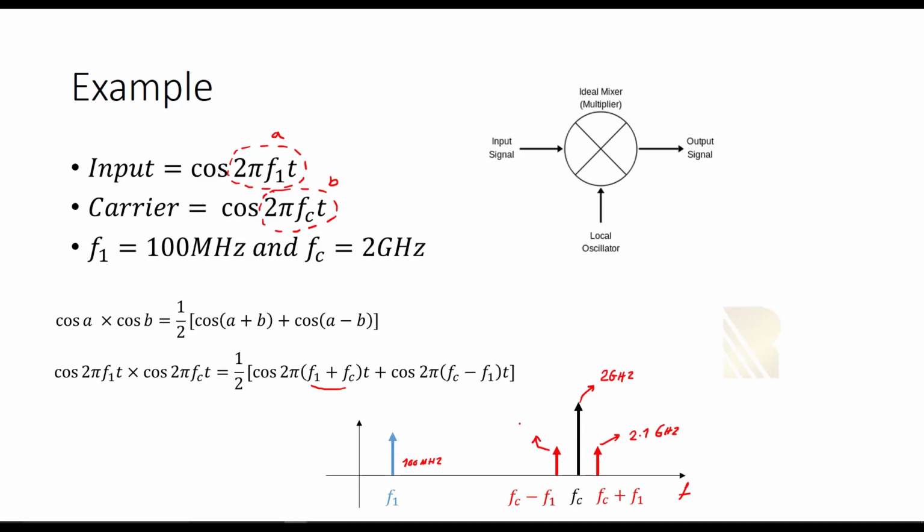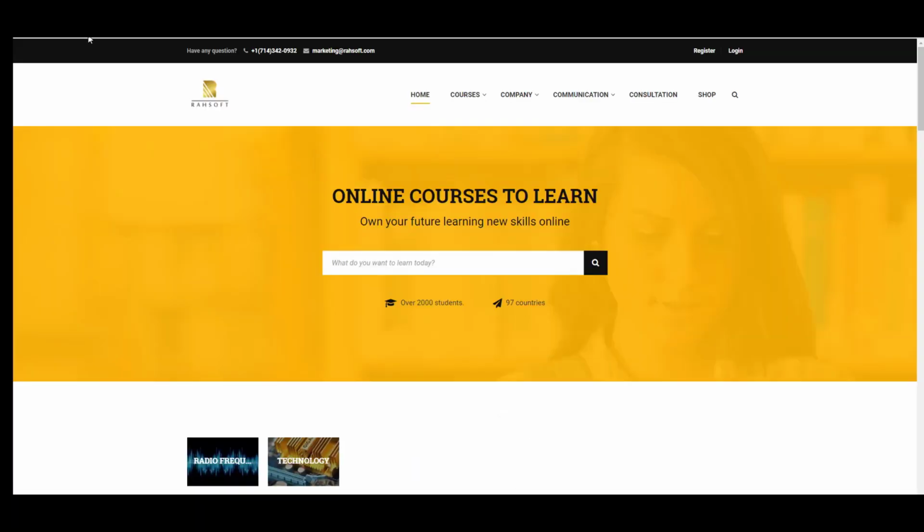This one will be 1.9 gigahertz. So as you see, initially we had 100 megahertz. Using this mixer, now we upconverted our channel, our data, whatever, to the higher frequencies, and now they are around the local oscillator, and now we can connect them to the antenna and send them to the air.